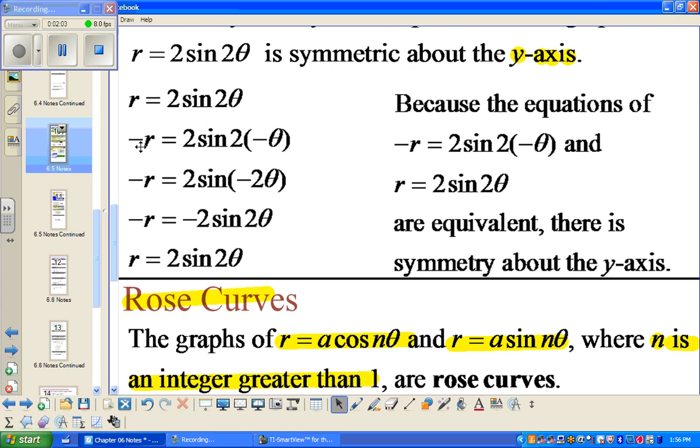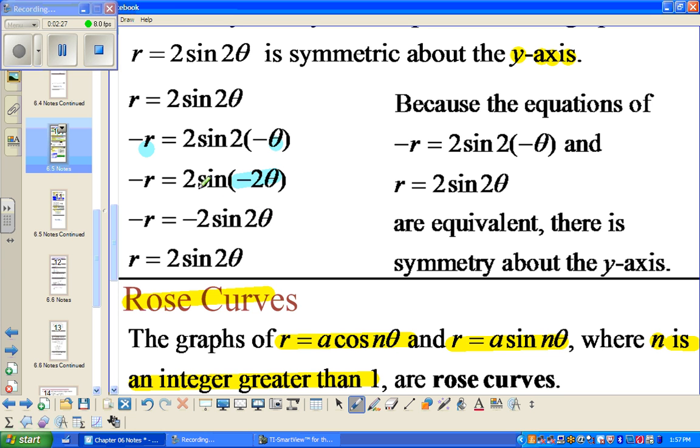Replace the r with a negative r, theta with a negative theta, here and here. And then 2 times negative theta is the same as negative 2 theta. And then if you remember back, sine negative theta is equal to negative sine theta. That was one of our identities from a chapter or two ago.